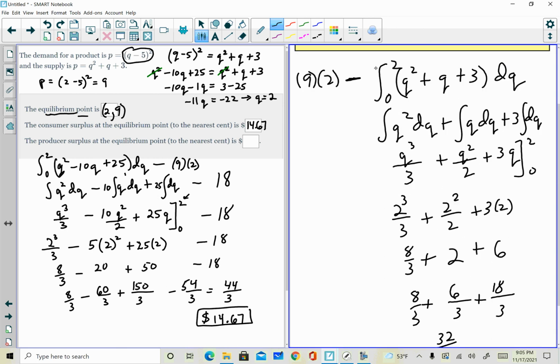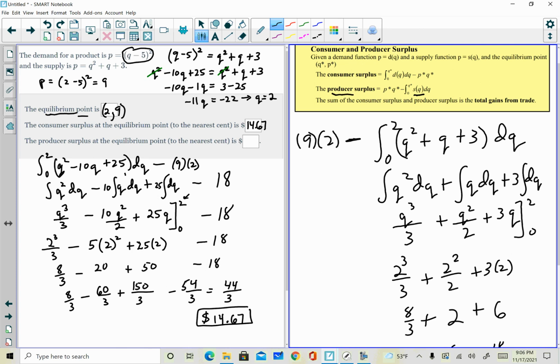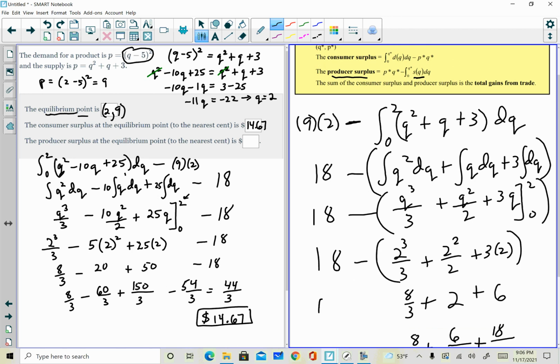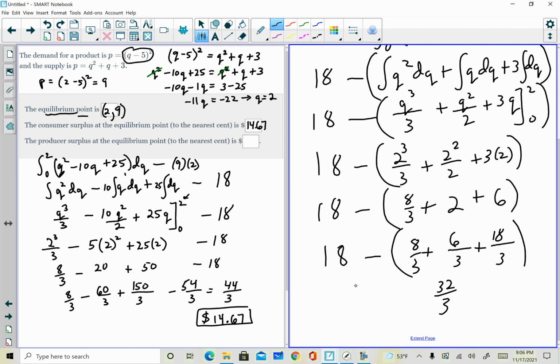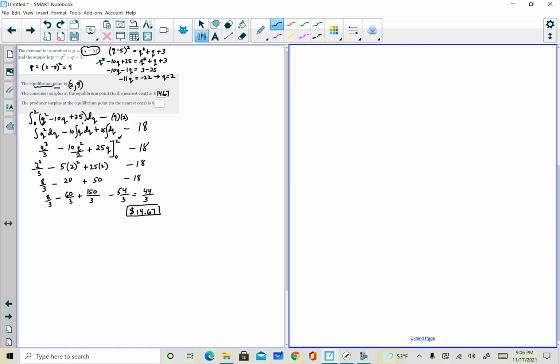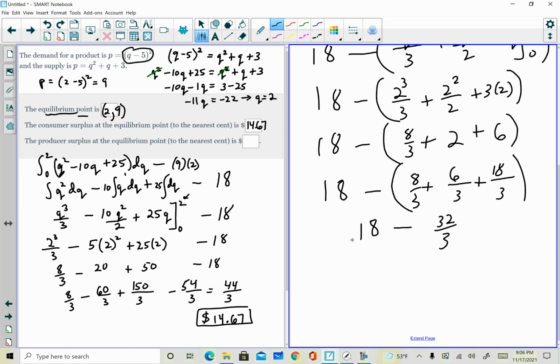But at the beginning of this formula, for producer surplus, we have P times Q. So it's 18 minus whatever that came out to be. So we have to calculate 18 minus 32 thirds. 18 times 3 is 54.